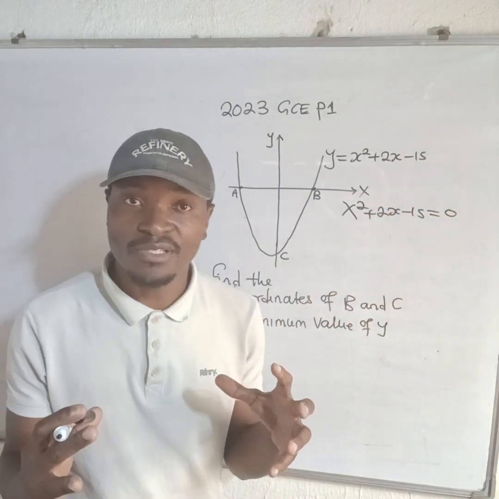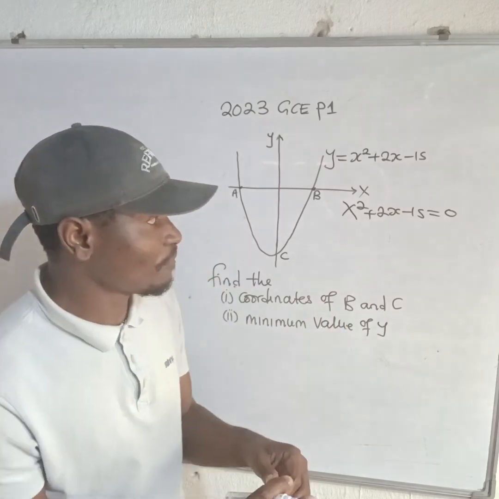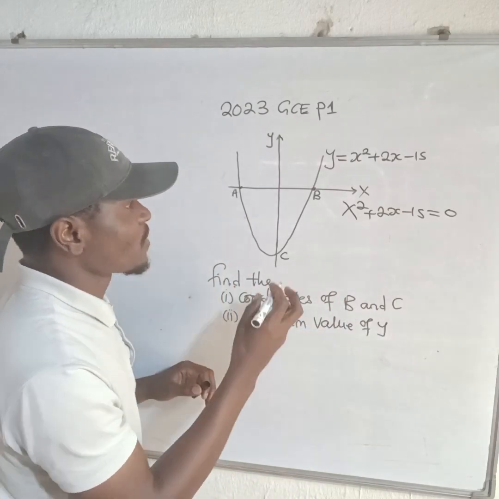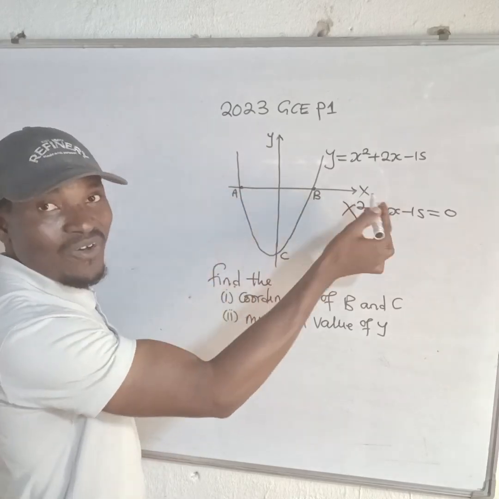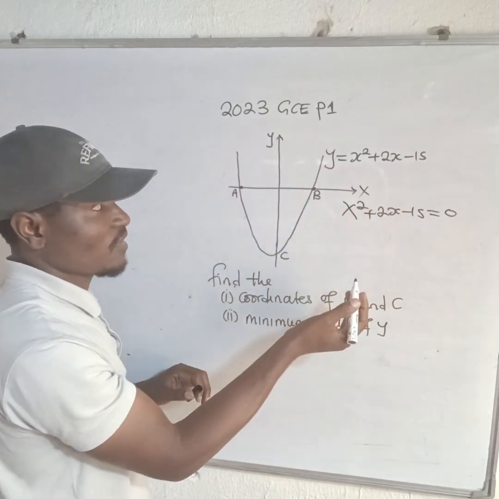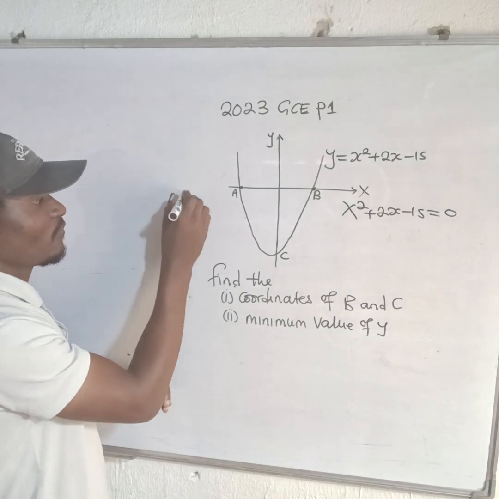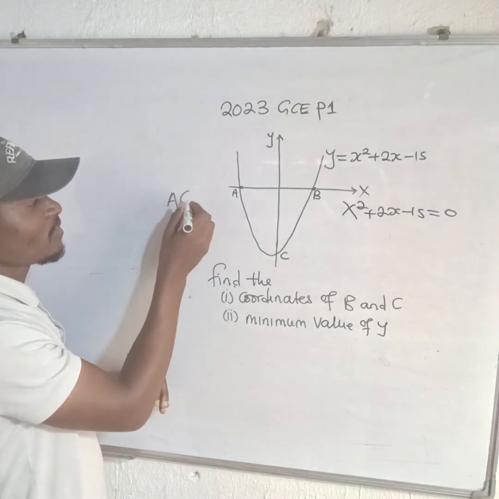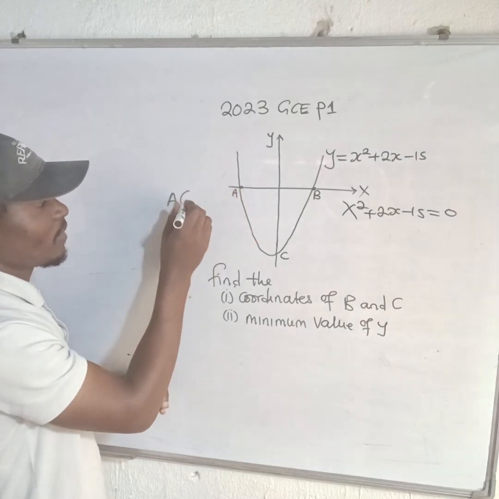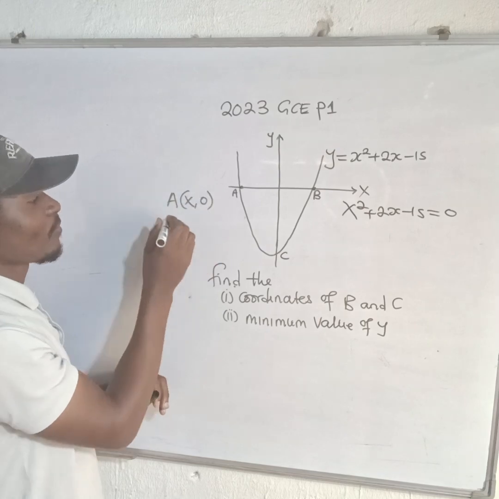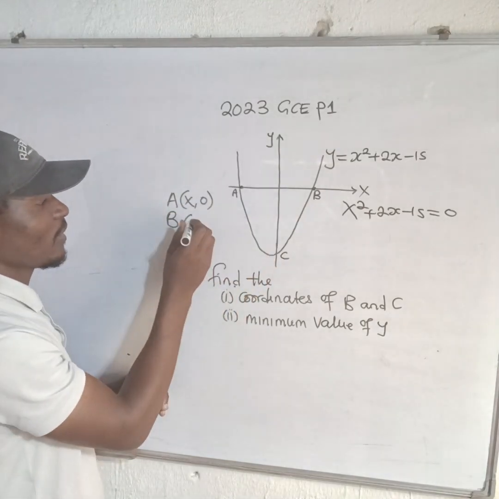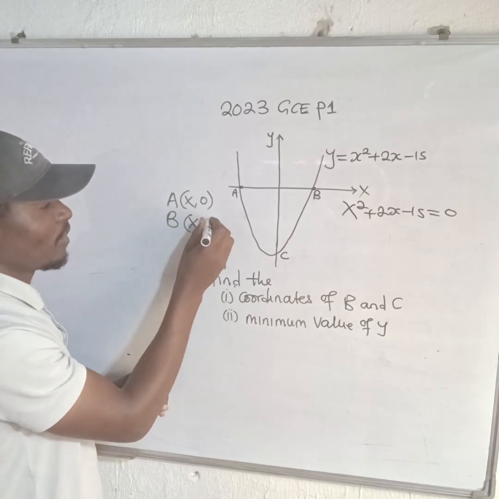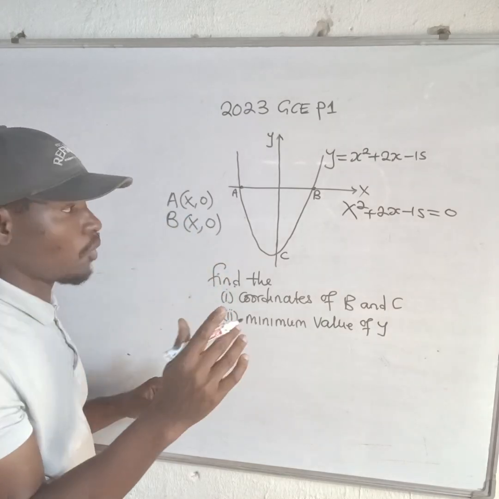At this point the value of y is 0, so A is x, 0 and B is x, 0.